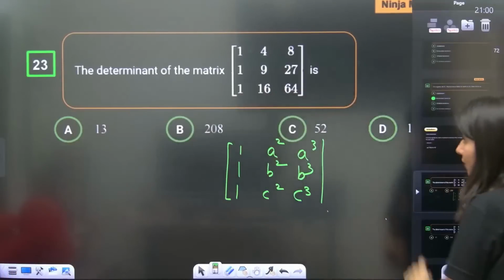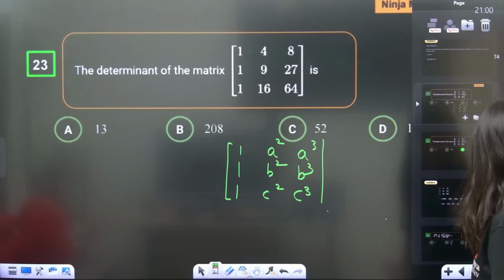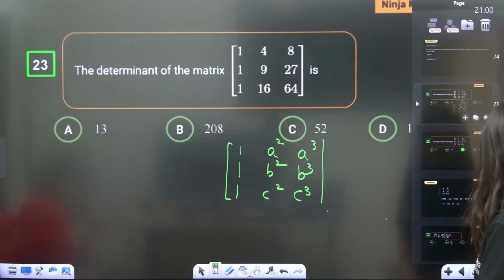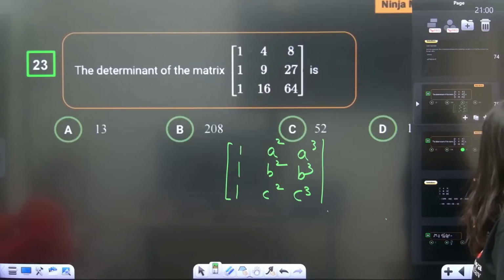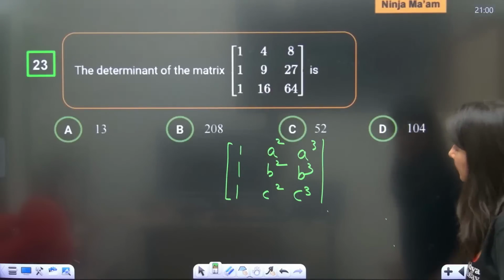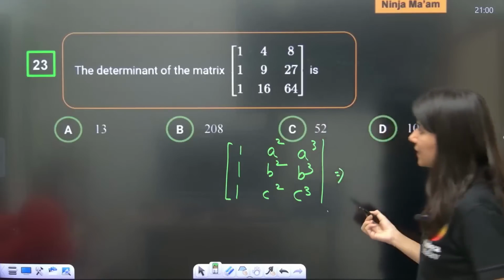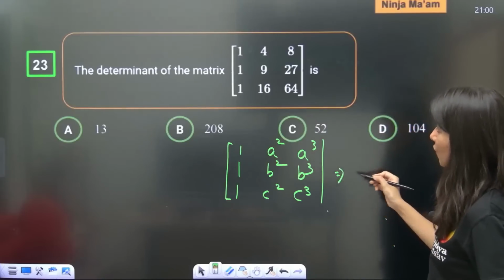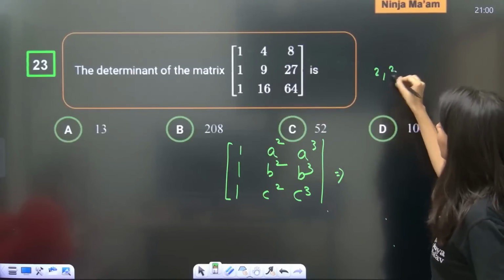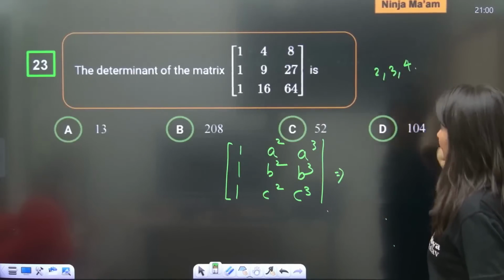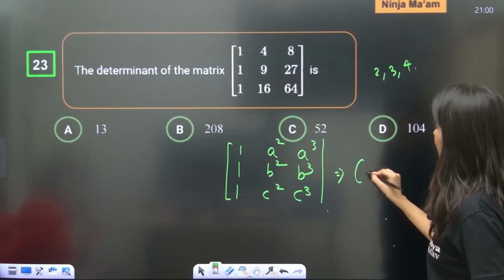So value of this determinant will be what? Yes. So this is a minus b, where a is 2, then b is 3, then we have c as 4. A minus b, so 2 minus 3 is minus 1.